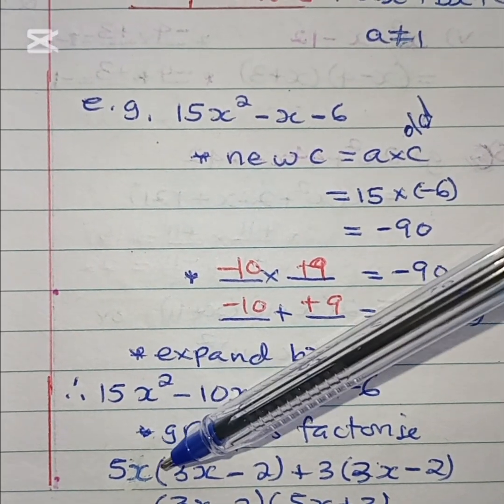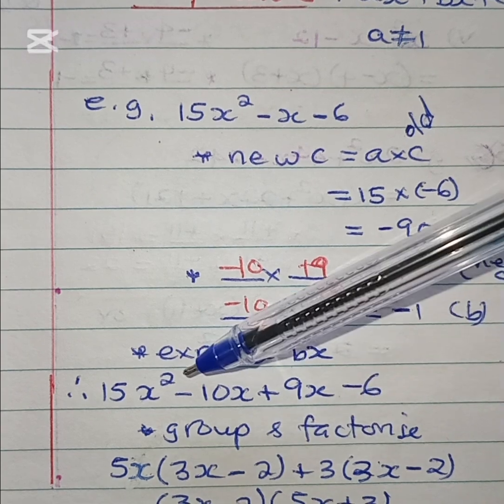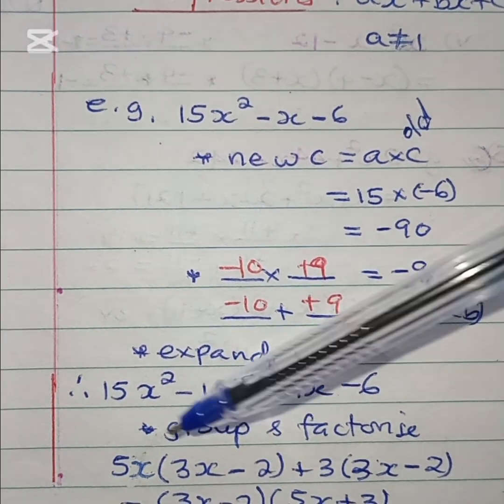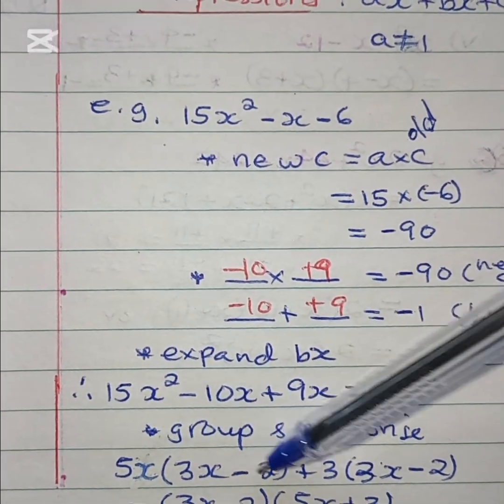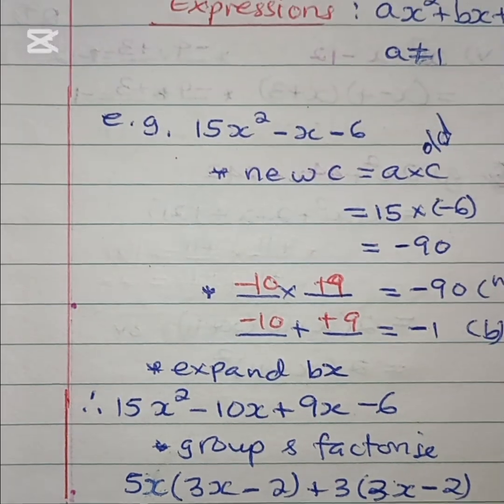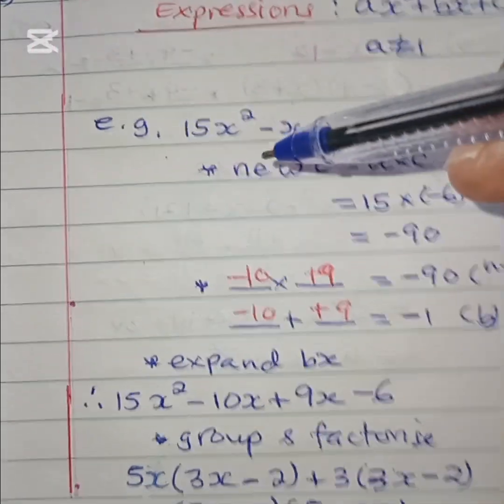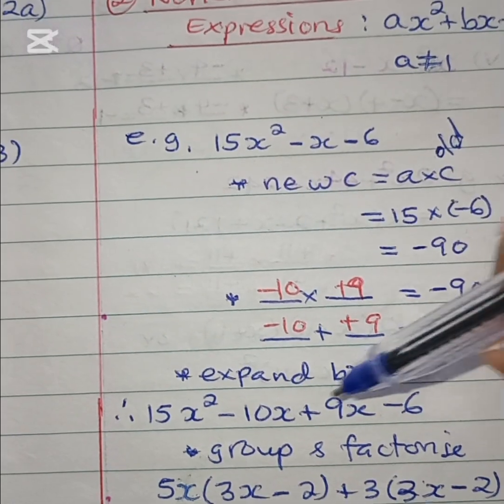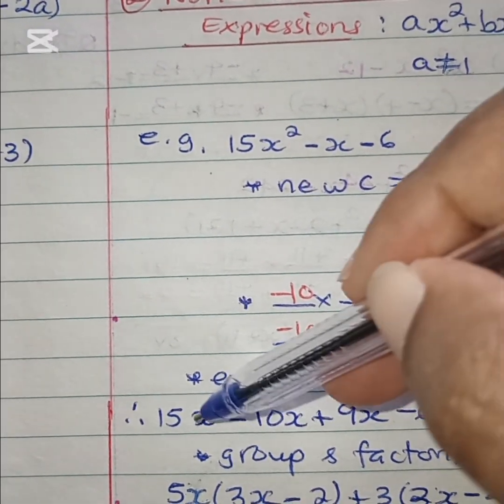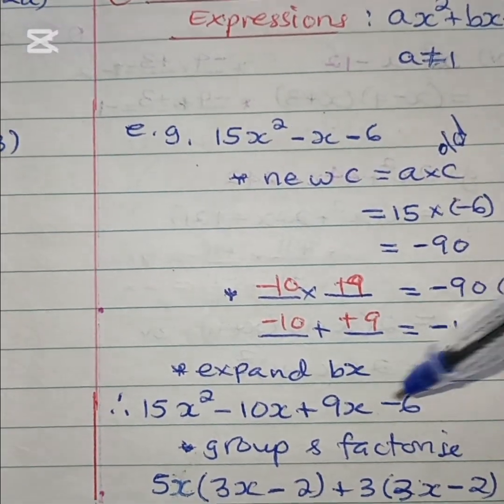And 5x times negative 2 gives negative 10x. So we have grouped them in twos, and we factorize these two first. Now we factorize these two.